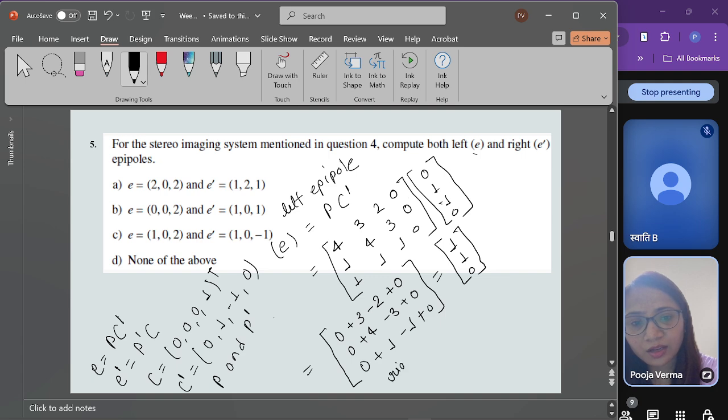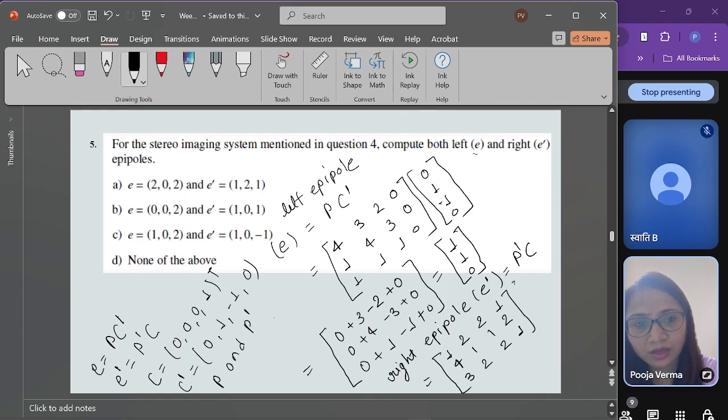Now similarly we have to calculate the right epipole, that is E dash C. Similarly, the P dash is also given in the previous question, that is 1 2 2 1, 4 1 1 2 and 3 2 2 1, and the camera center we have calculated is 0 0 0 1, right?